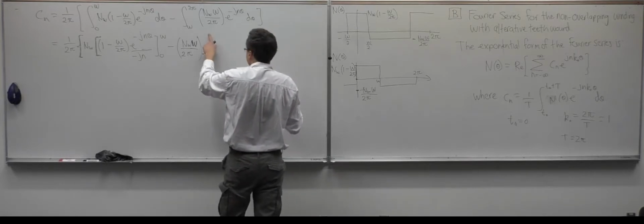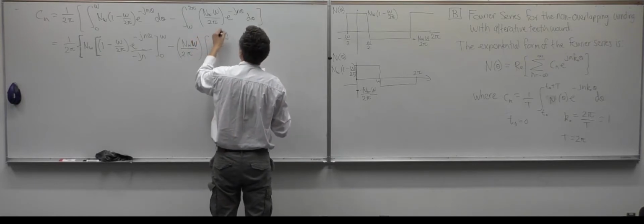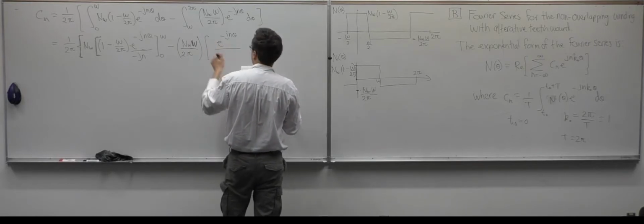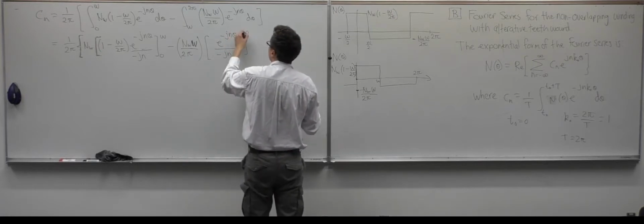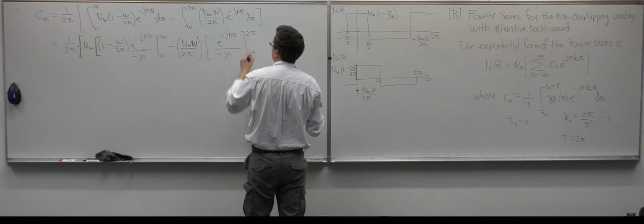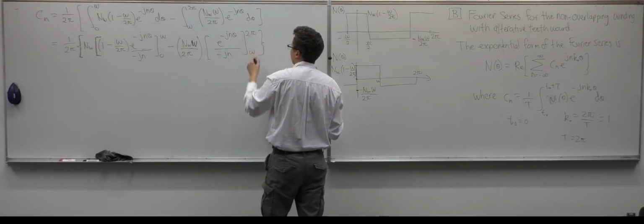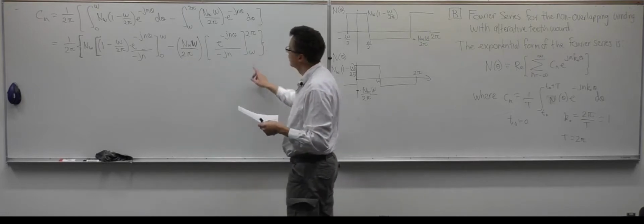So then we have e to the minus j n theta divided by minus j n, and that's evaluated from 2 pi to w, like that.